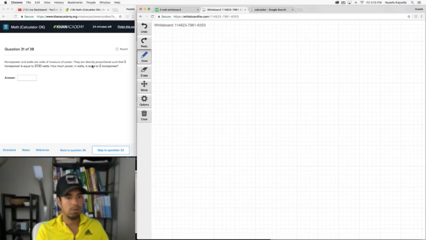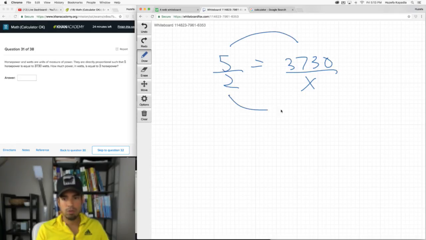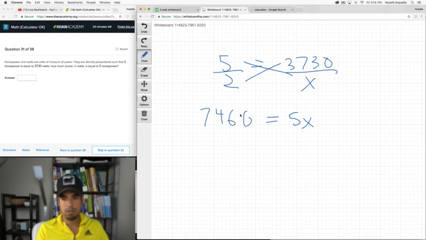Horsepower and watts are units of measure. They're directly proportional such that 5 horsepower equals 3730 watts. How much power in watts is equal to 2 horsepower? Let's just set up a ratio. We want to find the watts equivalent to 2. So 5 is equivalent to 3730, and 2 is equivalent to x. Let's cross multiply: 5x equals 7460.